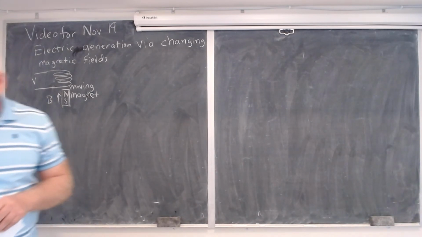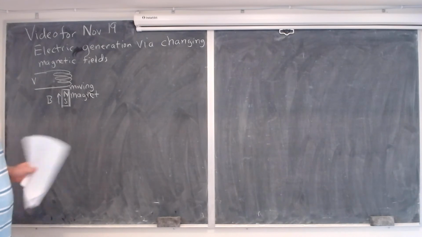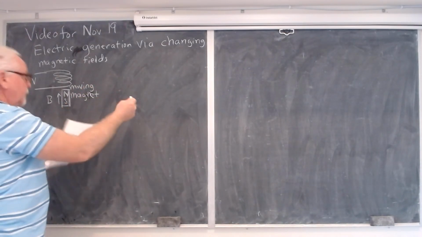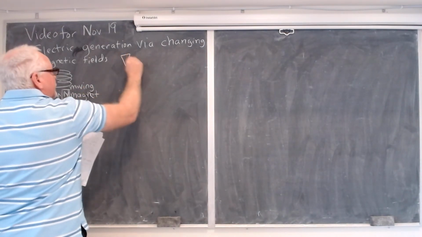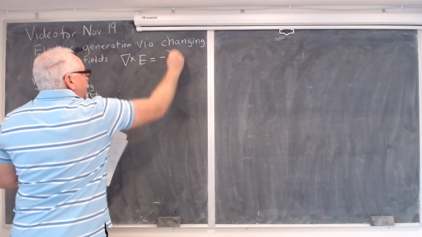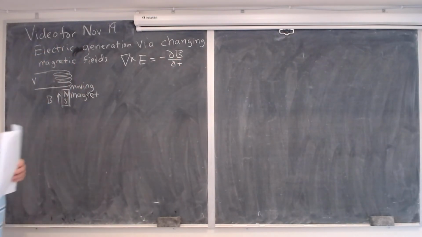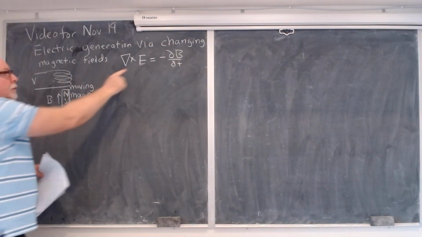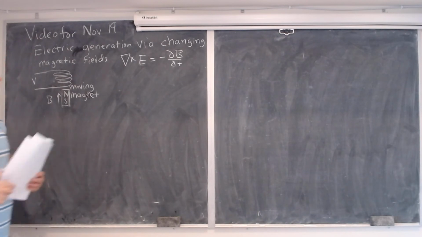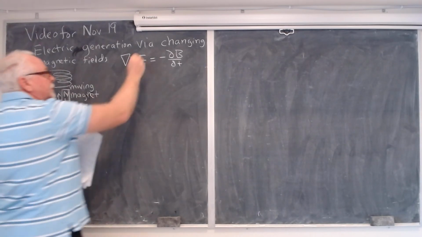Now, I'm just going to write down Maxwell's third equation, and don't get too worried about it. I do it for completeness. Don't get hung up on the fact that it's a vector equation and vector calculus.